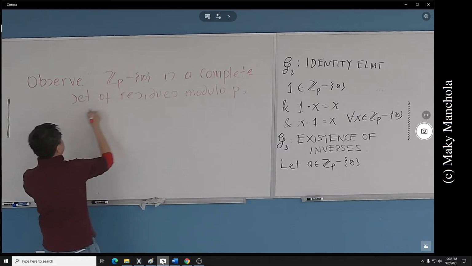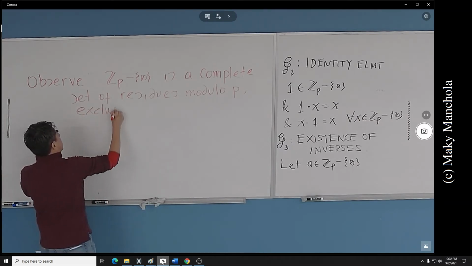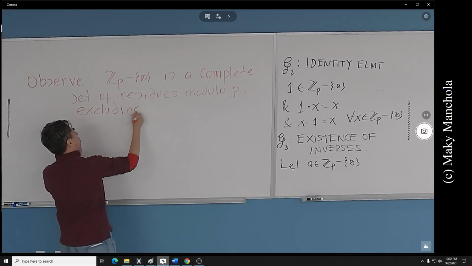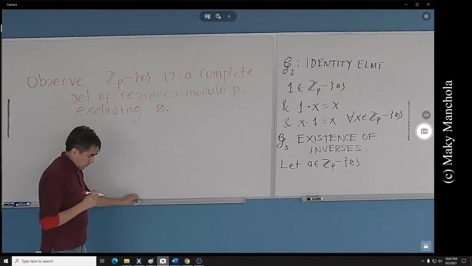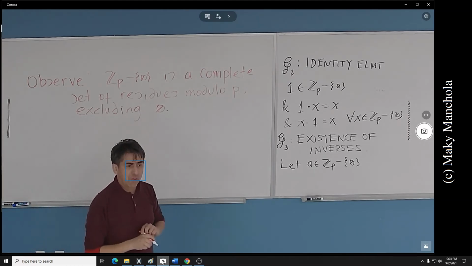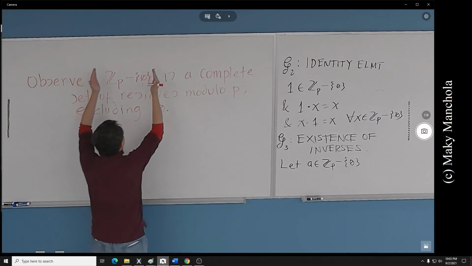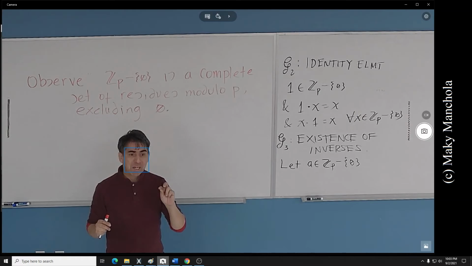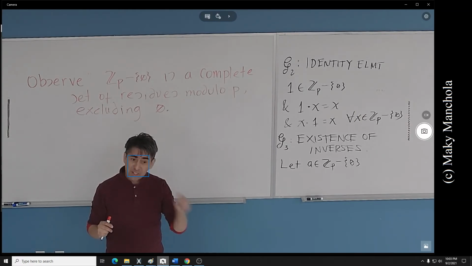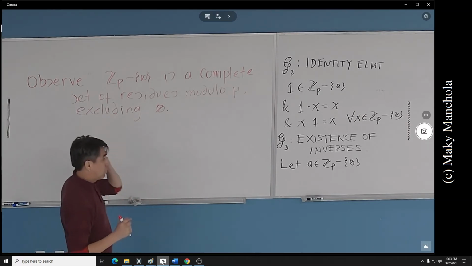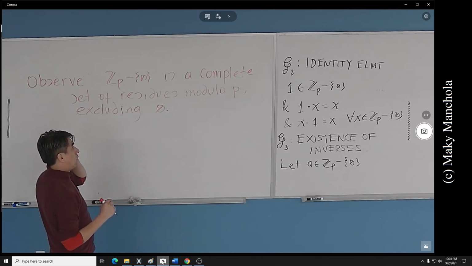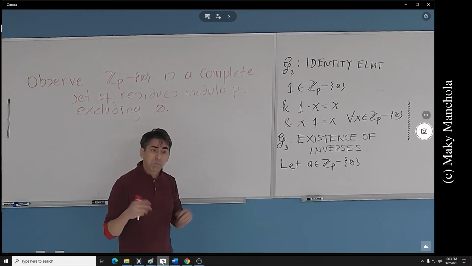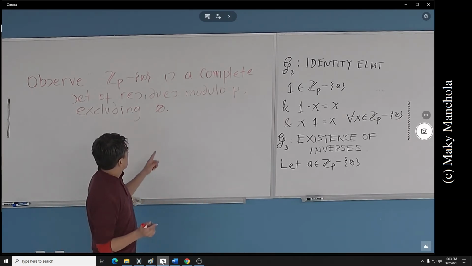Excluding 0, because this does not contain 0. Okay, so here is a fact of number theory. If I take this set and multiply all of its elements by an integer, which is relatively prime with each of its elements, then that will also be a complete set of residues excluding 0.